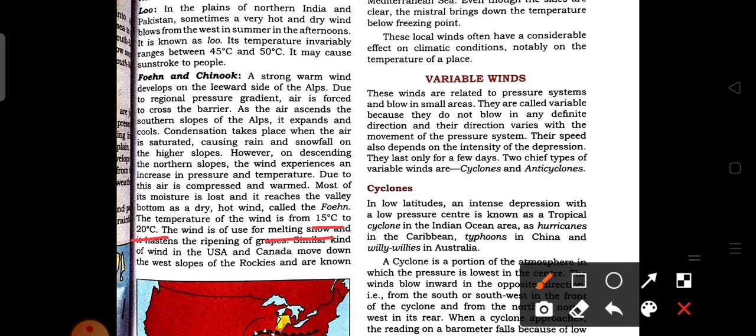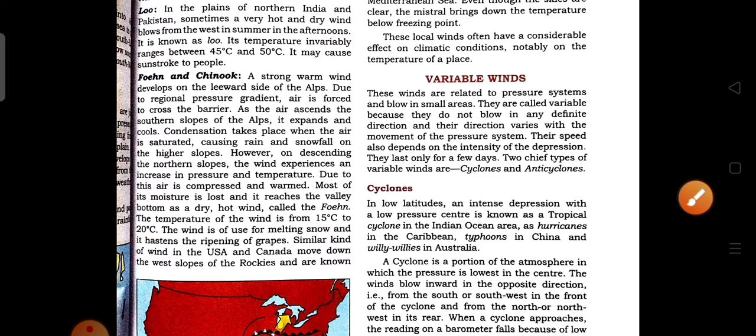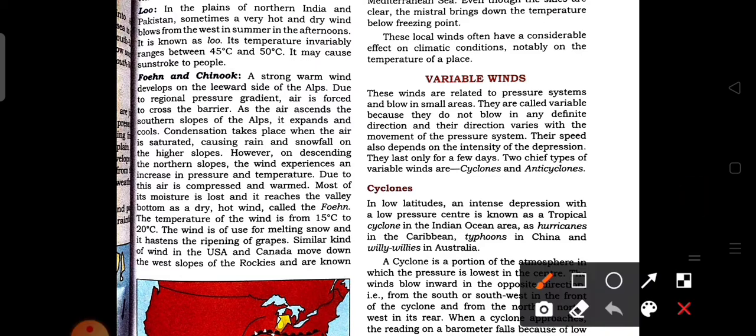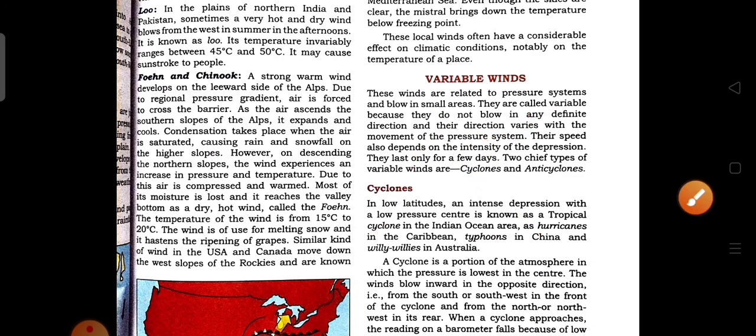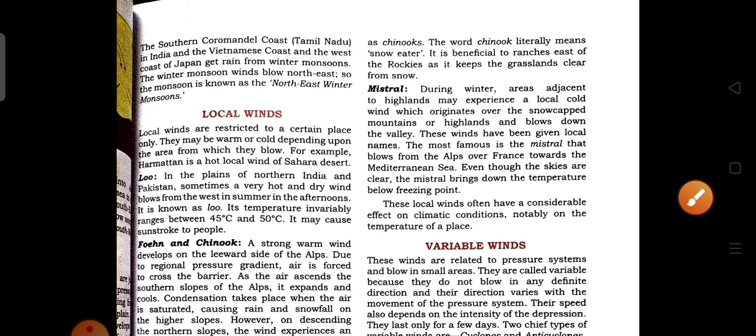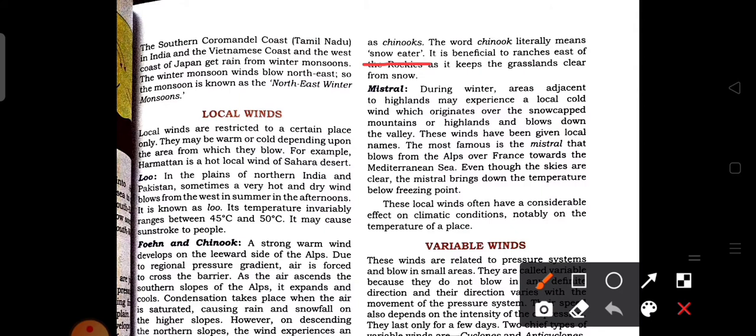A similar kind of wind in the USA and Canada moves down the western slope of the Rockies, and is known as Chinook. The word Chinook literally means snow eater.